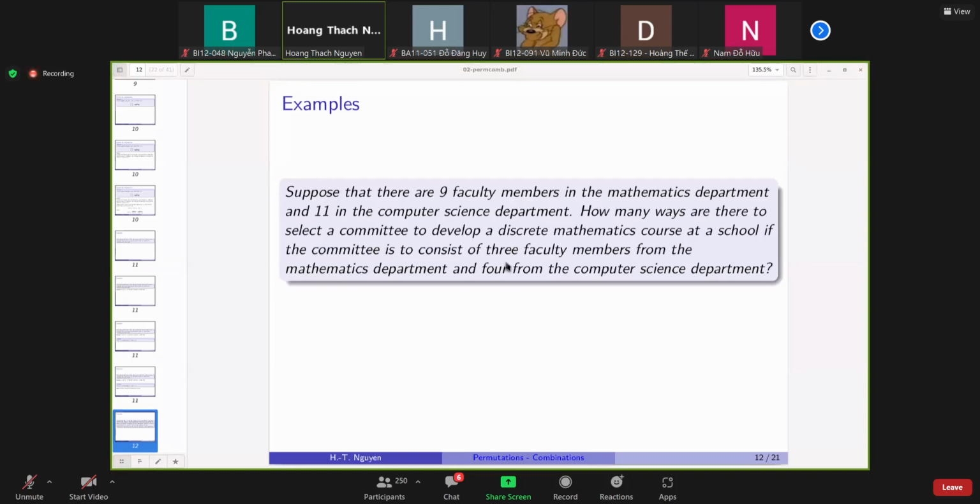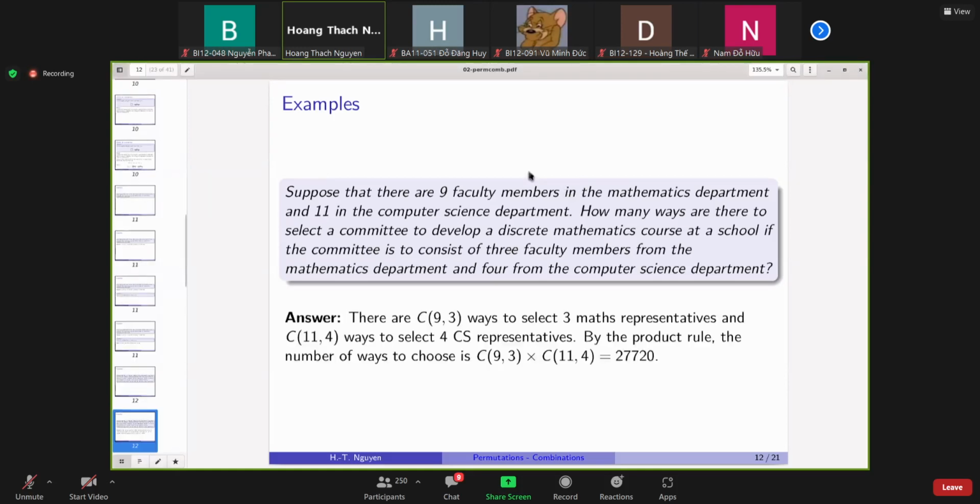Okay, thank you. So you choose independently 3 from the math department. There are 9 choose 3 ways, and then you choose 4 from the CS department. There are 11 choose 4 ways, and then by the product rule, you multiply the 2 numbers together and get this huge number of possibilities.